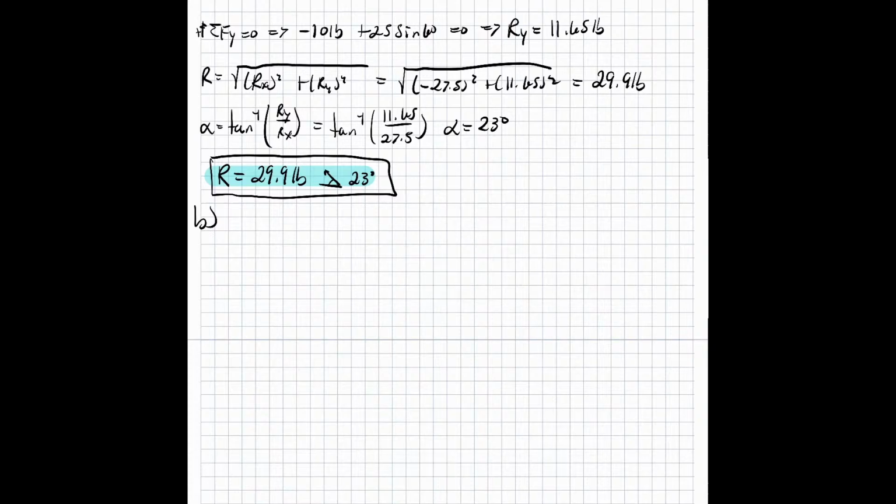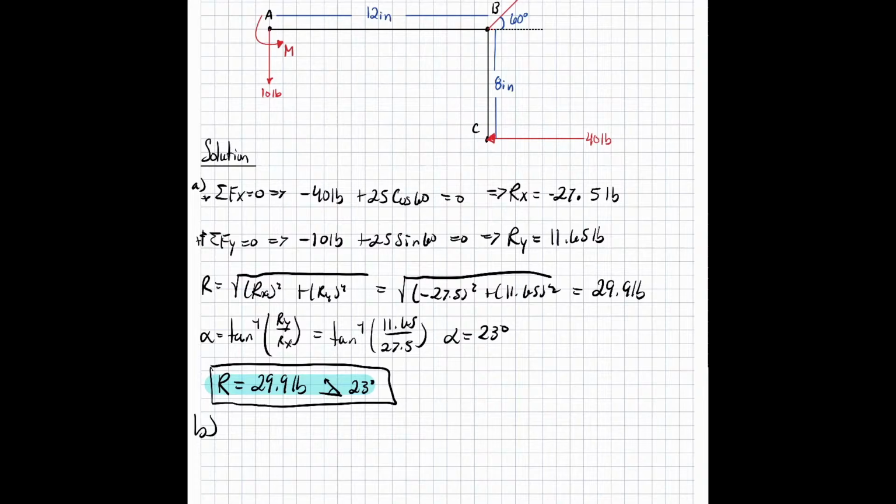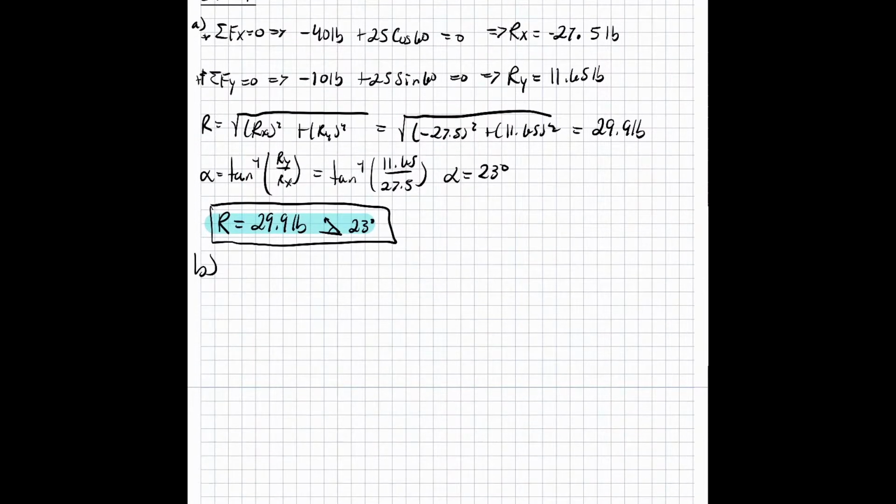So to find the location, we need to take a moment about point B, just because it gets rid of my more complicated value. So the sum of the moment about B equal to 0, counterclockwise being positive, we get 80 pound inches plus 10 pounds times the 12 inches perpendicular distance minus 40 pounds times its perpendicular distance of 8 inches equal to 0.